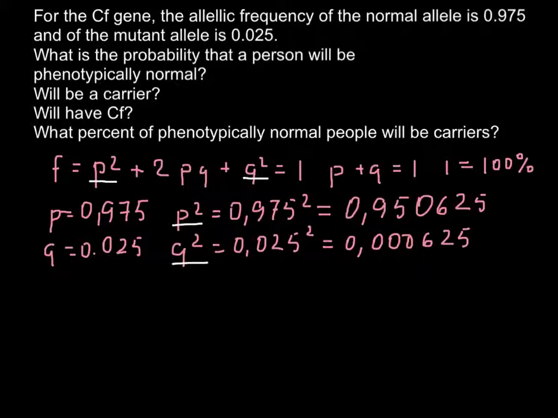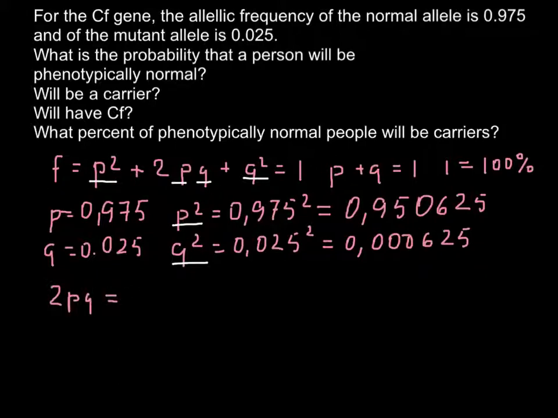So now we can solve the whole formula, because we know p and q, so we can find the frequency of the heterozygous in this gene pool. The frequency of the heterozygous would be 2pq.